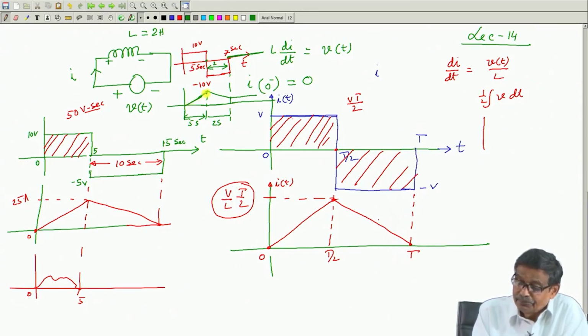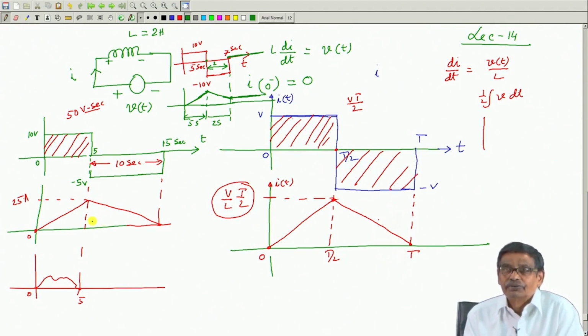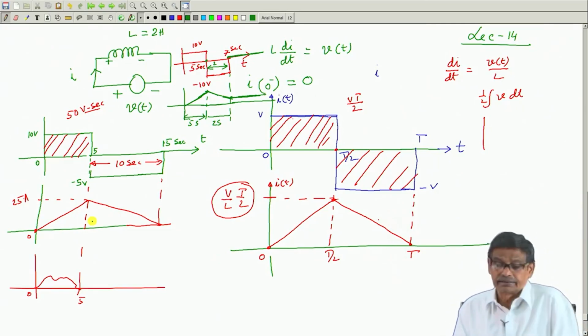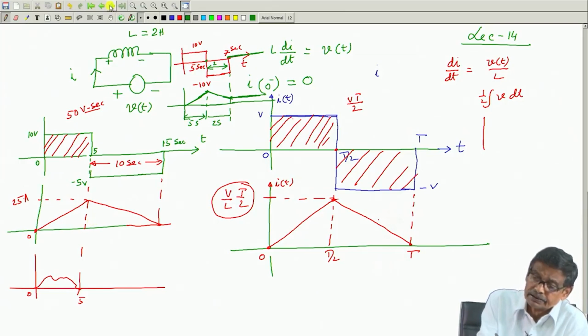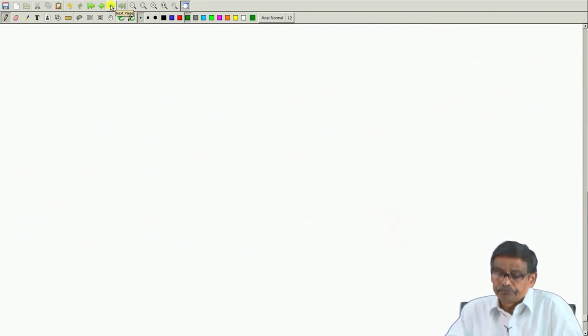Then the current will reach some value and come back. I applied some positive volt second, then I did not apply the same amount of negative volt second. So, current cannot become 0. Whatever the current is, that will be maintained in a short circuited inductor beyond t equal to 7 seconds. Got the point? Anyway, think about it. This is so nice, storing inductor and solving this kind of problems.